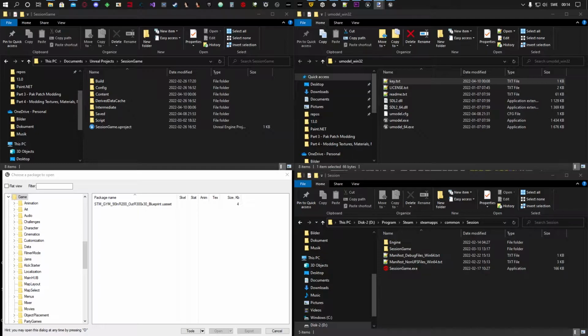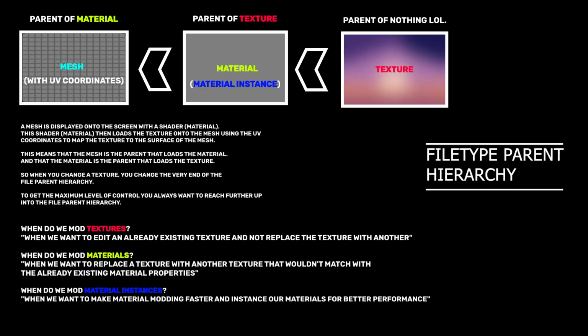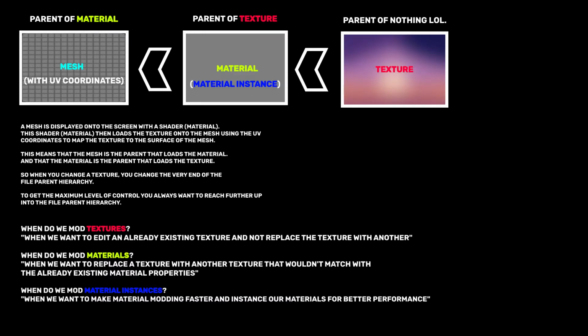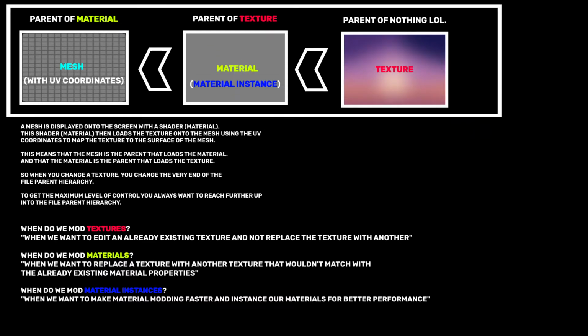Okay, so now that we know what the basic file types are, let's go on to explain what parenting is. In any game engine, you have a world, and in the world, you put different objects. An object can have something like a mesh in it, right?